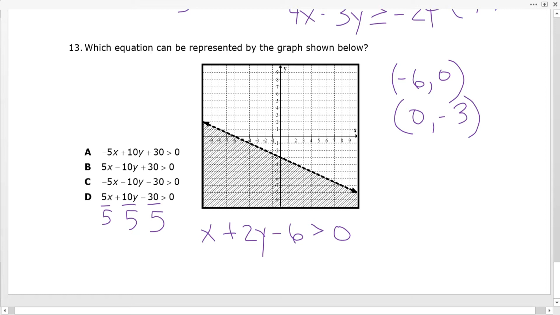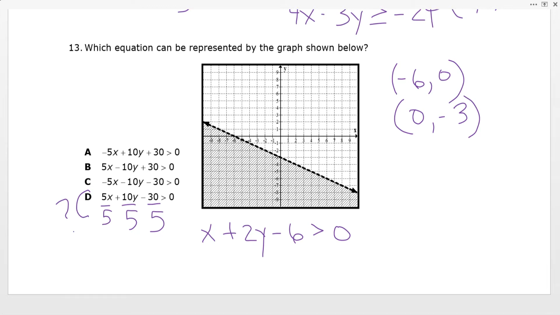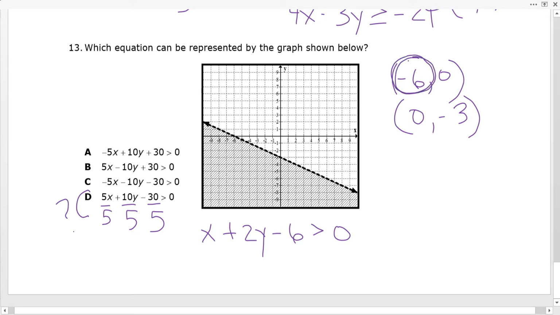So, and I'm just doing D just because. I don't know that that's my answer. It just was the easy place for me to write. So D is x plus 2y minus 6. So let's look over here at our points again. This is my x.